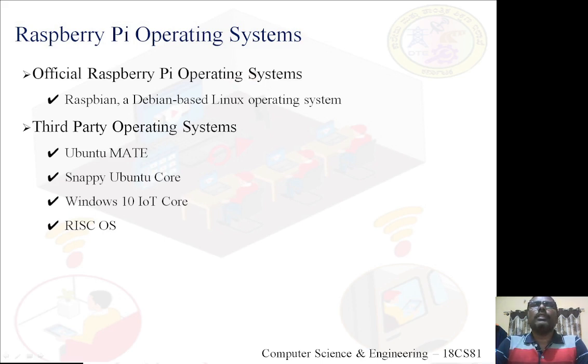Now let us have a look at the various operating systems supported by Raspberry Pi computer. Of these, Raspbian, which is a Debian based Linux operating system, is the official Raspberry Pi operating system.